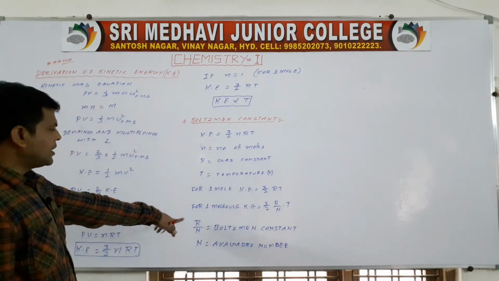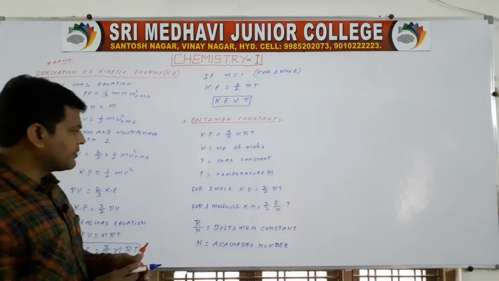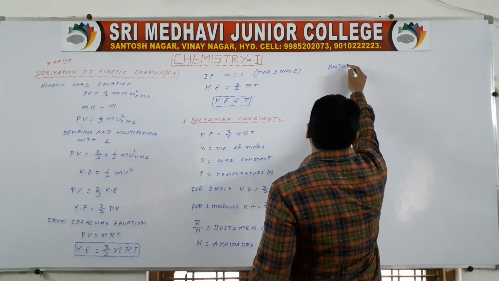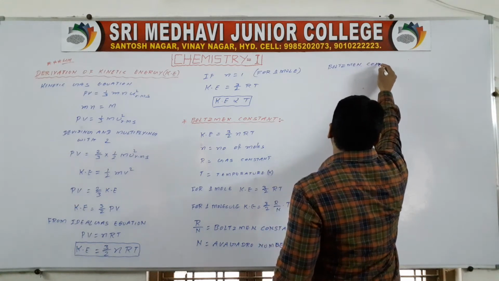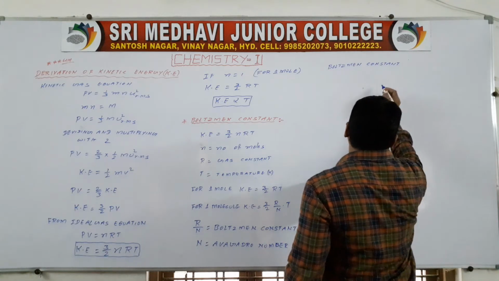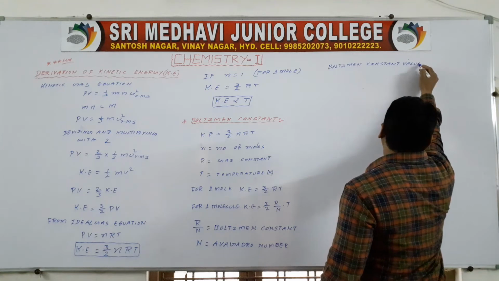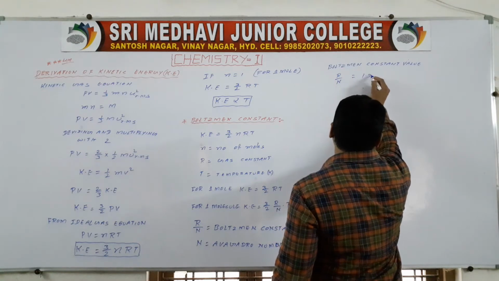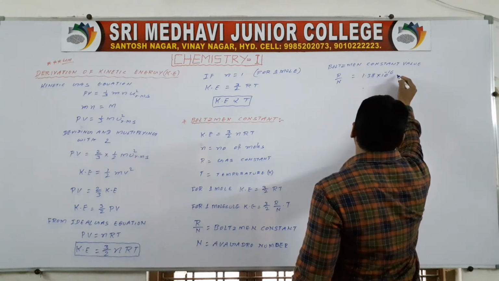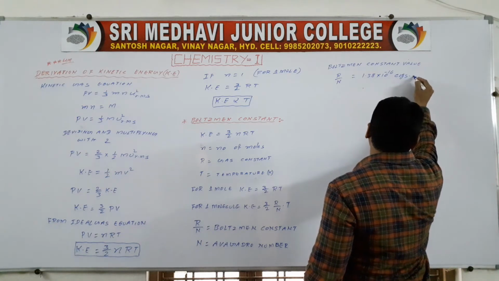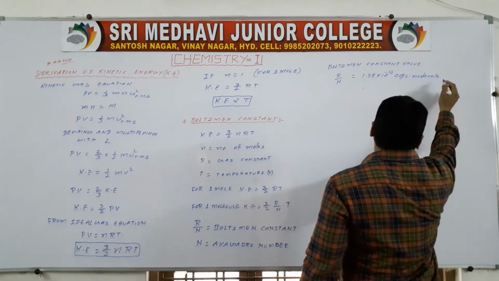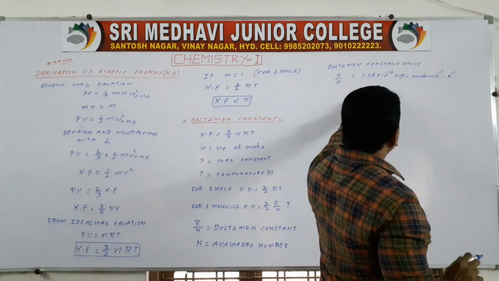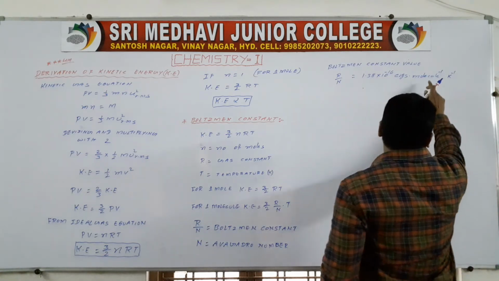The Boltzmann constant value, R by N, is equal to 1.38 into 10 power minus 16 ergs molecule inverse Kelvin inverse.